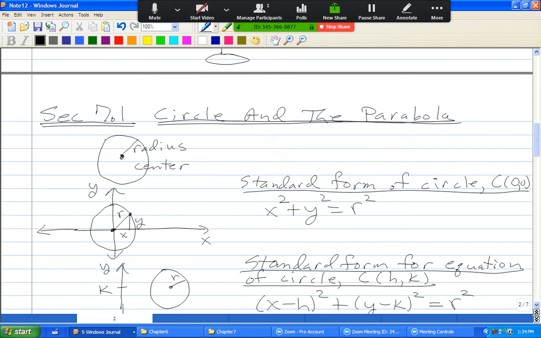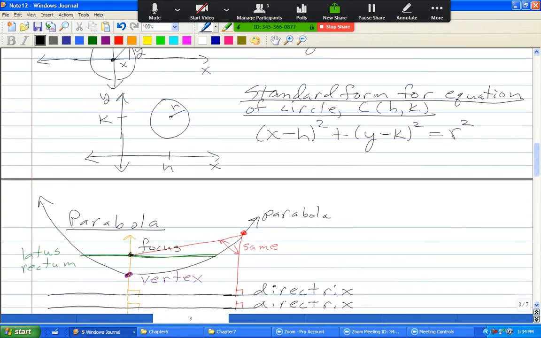If you have a line passing through the center, then this is called a diameter. And you notice that the center is at the midpoint of the diameter.